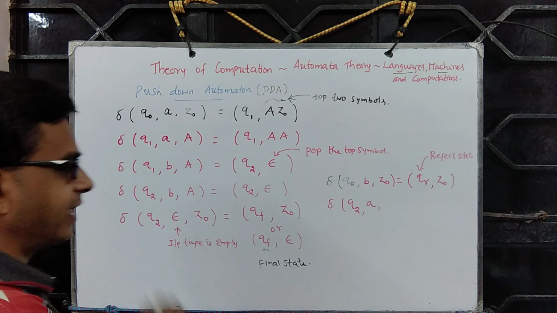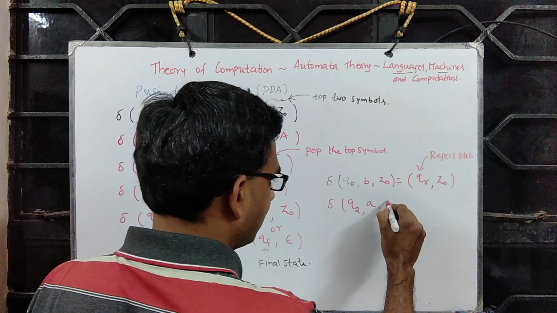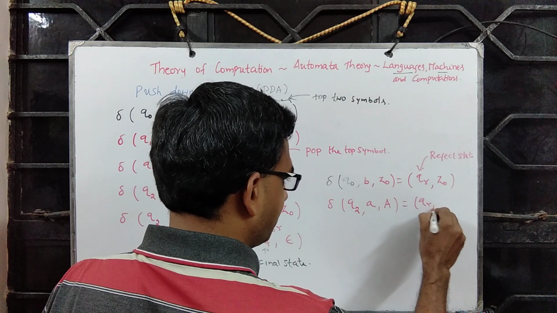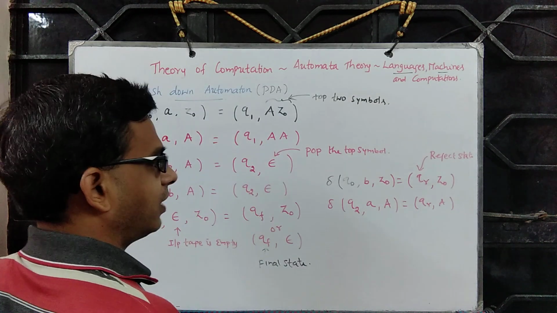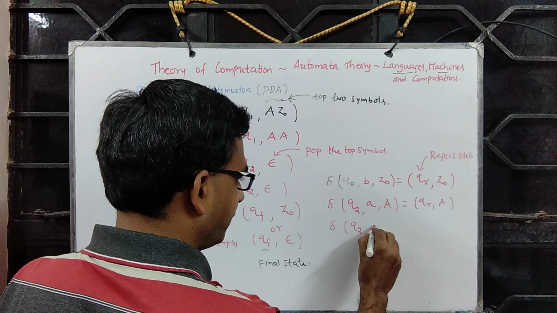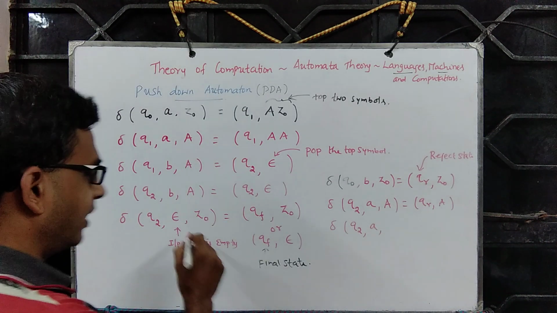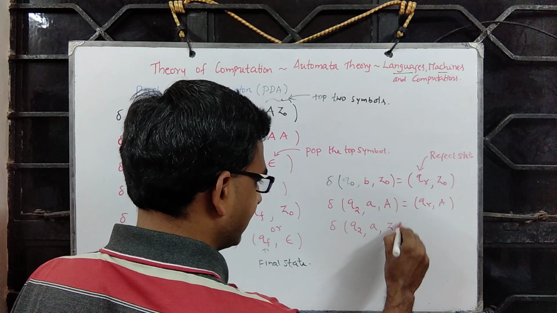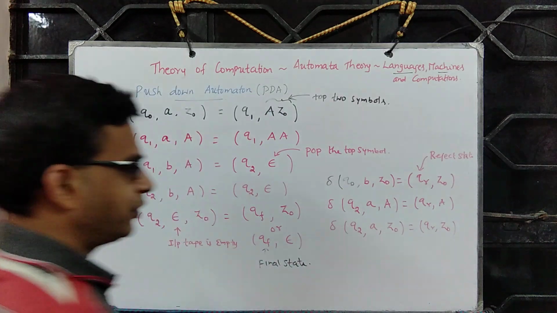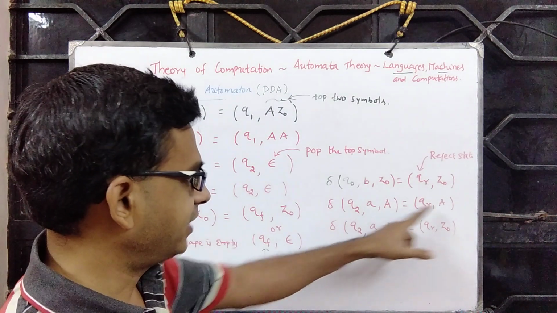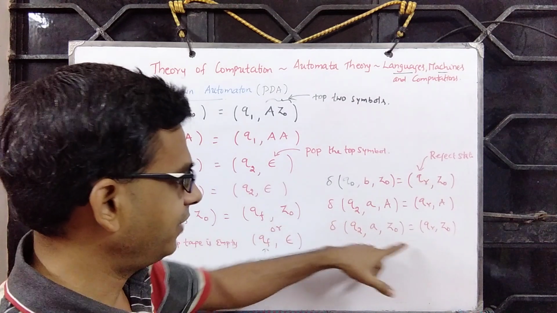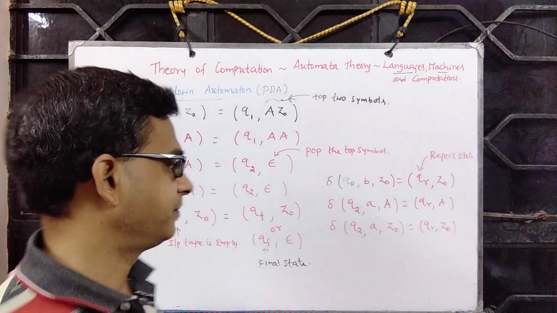But you get to see that you read a A and followed by A, then it has to be rejected, and or when you are at Q2 you read A and the top symbol is say Z0, then it has to be rejected. We don't disturb this stack. We say A remains A and Z0 remains Z0 because we know this is invalid. We immediately go to a reject state.